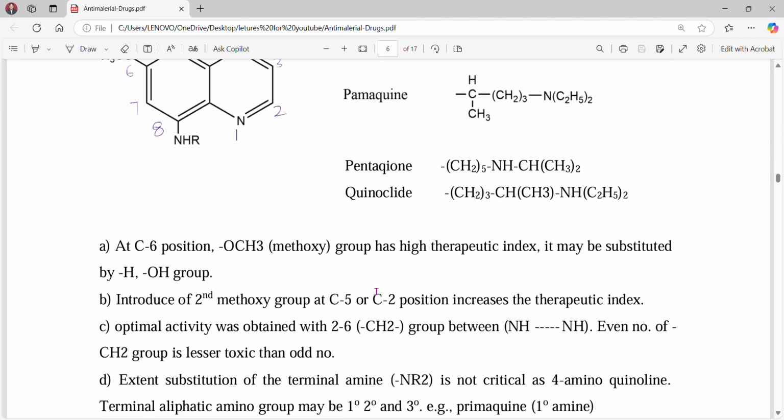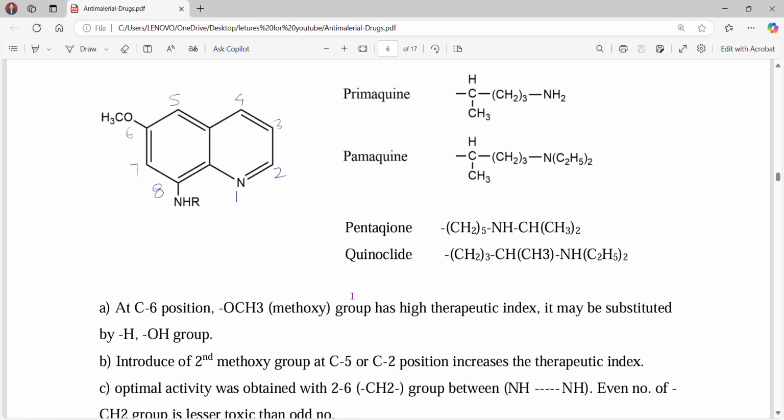Now what is the structure activity relationship of substitutions on the 8-aminoquinoline nucleus? At 6th position, we have already discussed that substitution of a methoxy functional group increases and gives a high therapeutic index with respect to the antimalarial class.